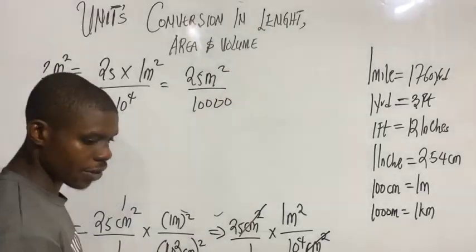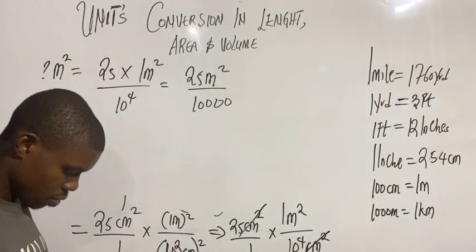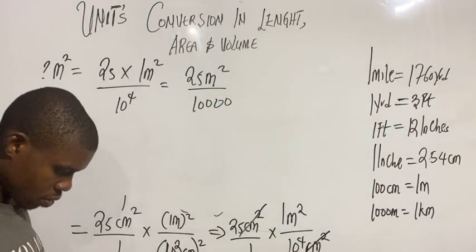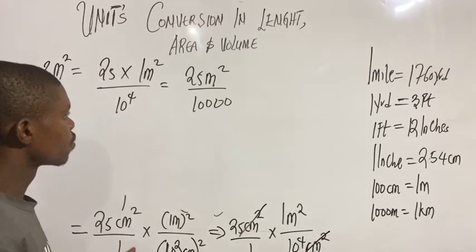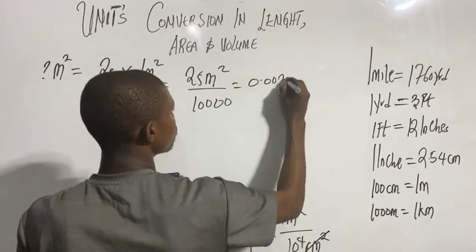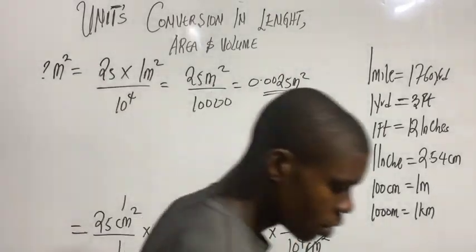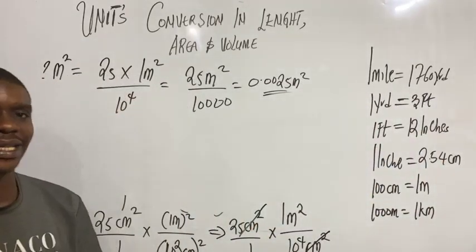So if you do the calculation, here I have 0.0025 meter square. So you can see how easy it is.